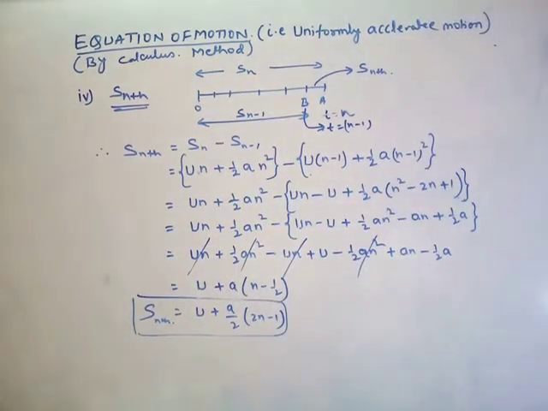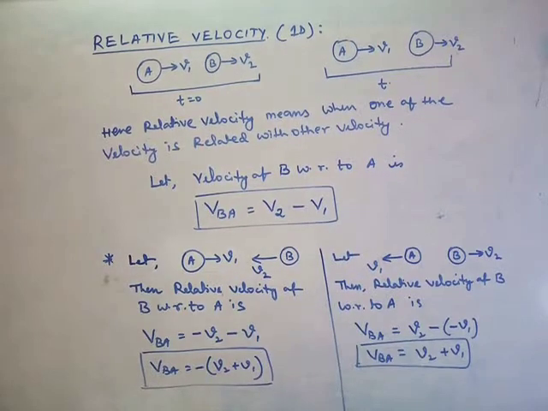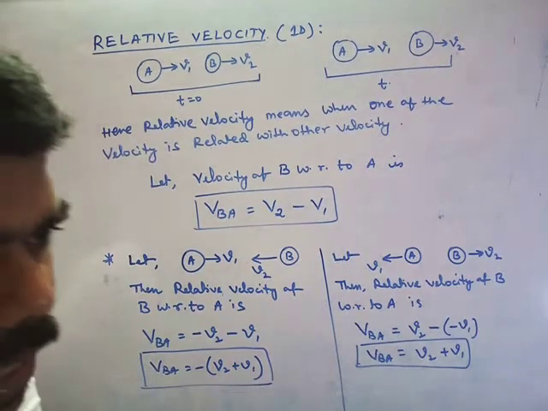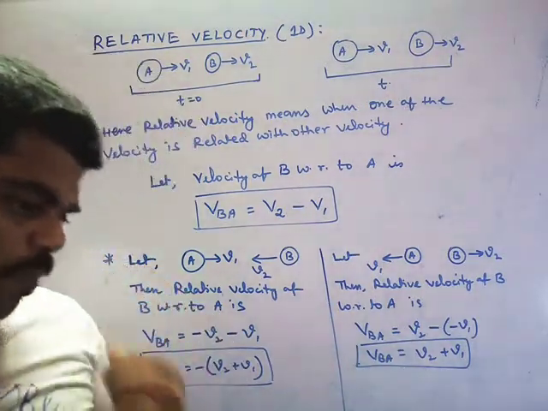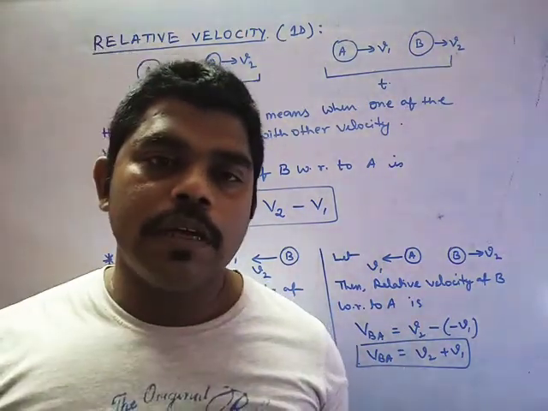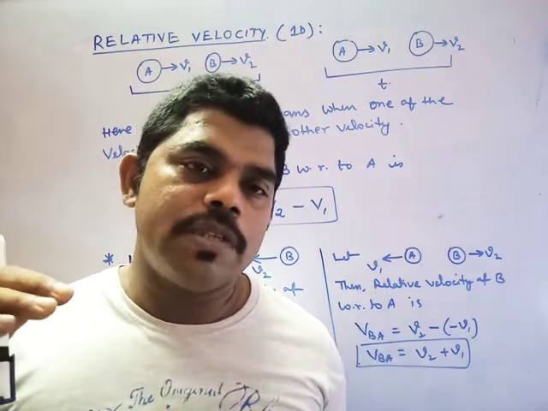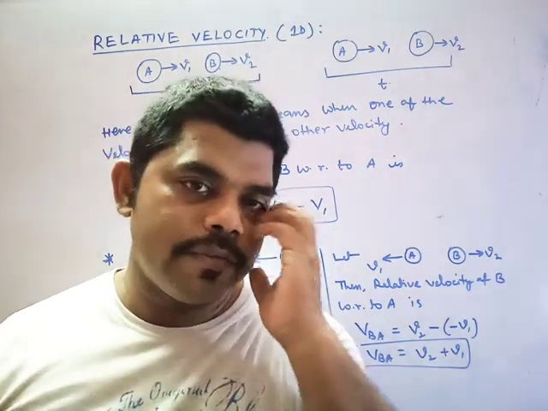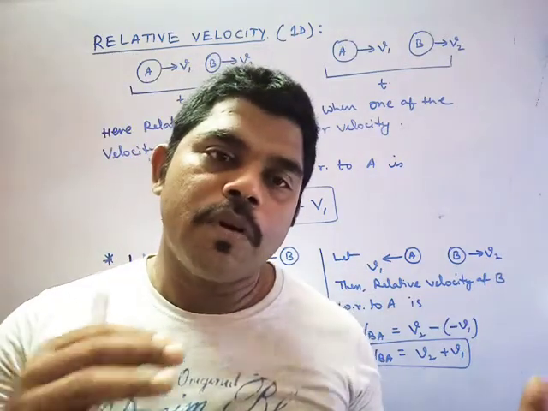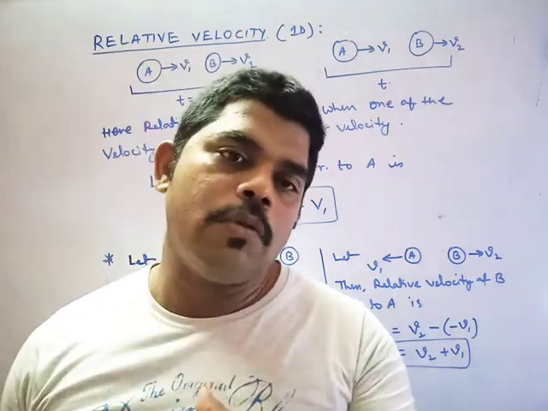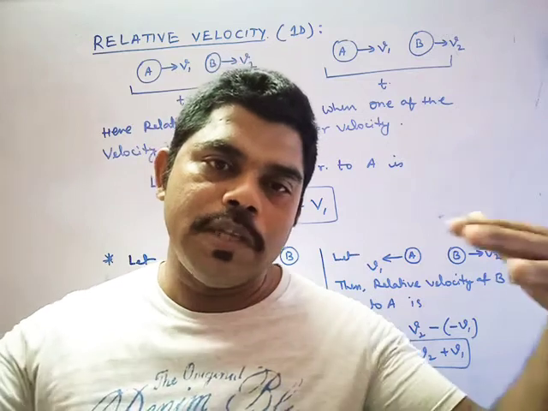Clear? Yes. Dear student, there is a very important topic that is called relative velocity. When we use relative velocity, suppose you are moving in a car with some velocity, and your friend also has some velocity, and you both are moving, right? You from Siliguri and your friend from Kolkata, they are coming towards each other.